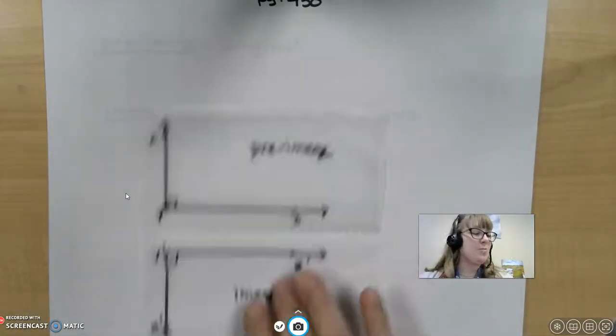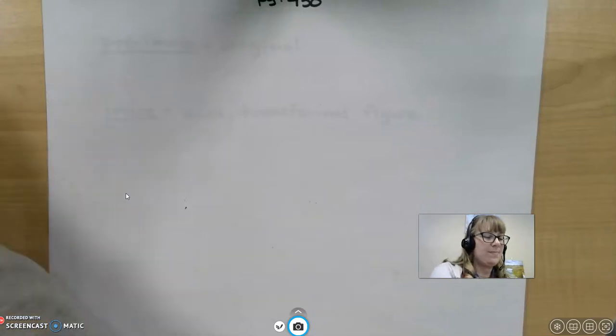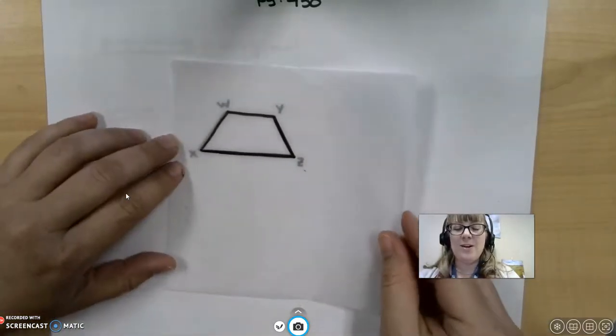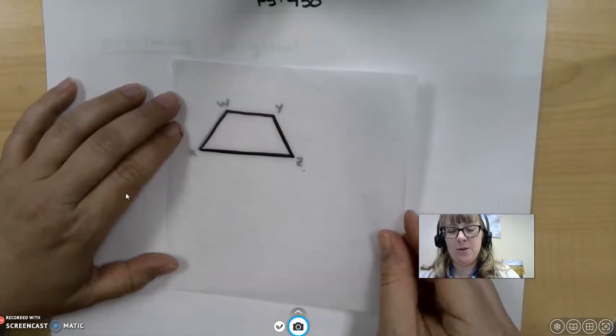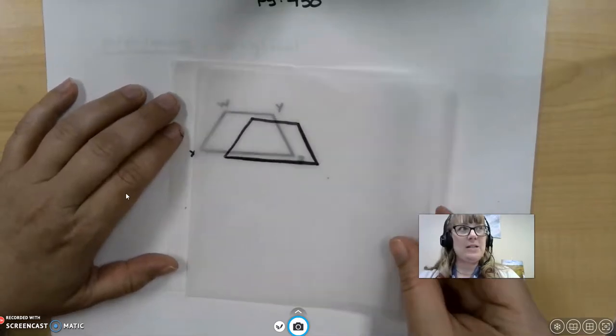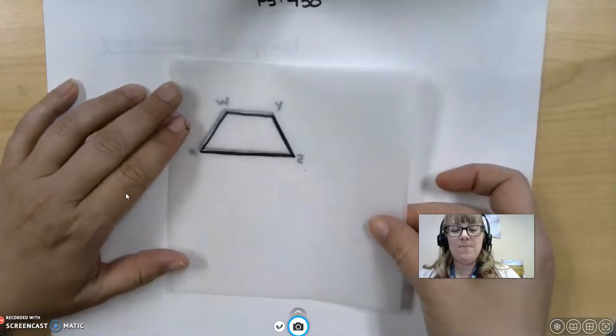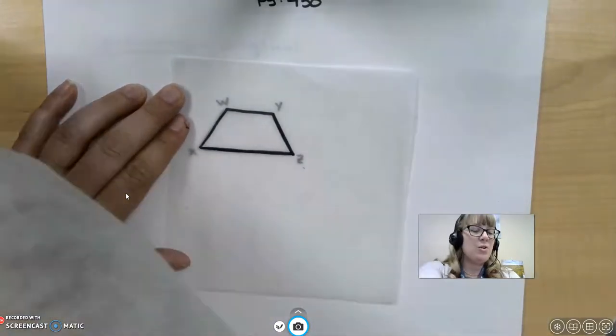Now let's move on and explore a rotation. This is also on page 450 of your books, although I'm going to be doing it just a little bit differently than it demonstrates in your book. Here you can see I've got 2 pieces of tracing paper, and I've just traced that same trapezoid onto both. I'm going to perform these 2 rotations.